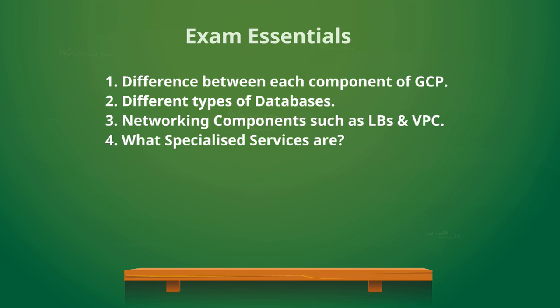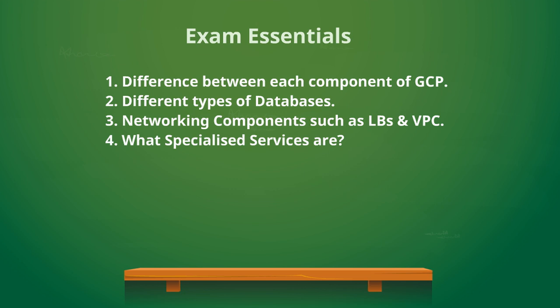Okay, so now we've finally come to the end of this video, and it's a really long list of components that GCP wants you to know that they have. Let's go over the exam essentials. These are the 4 main areas that you really want to ensure you know. The first is the difference between each of the components that GCP offers.